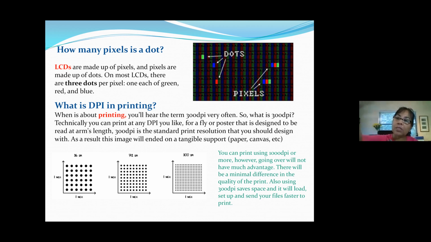For those big ones that are far away from us, we use less DPI. In this example, 36 DPI has fewer dots in the same space, then 72, then 300. That means in this inch by inch we have 300 dots, in this one 72, in this one 36.